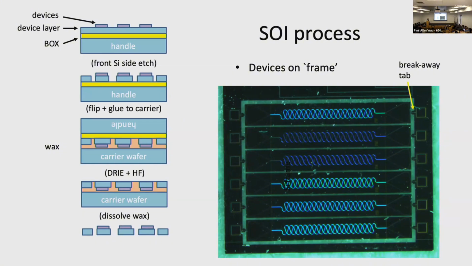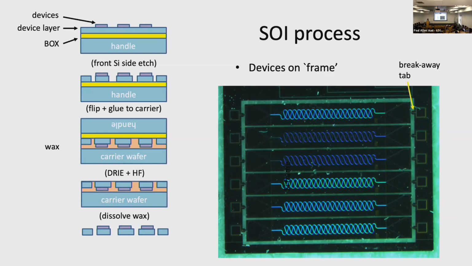We fabricate our devices on the top device layer, and we etch through the top silicon layer in order to define our chips, and we wax that down to a carrier wafer.